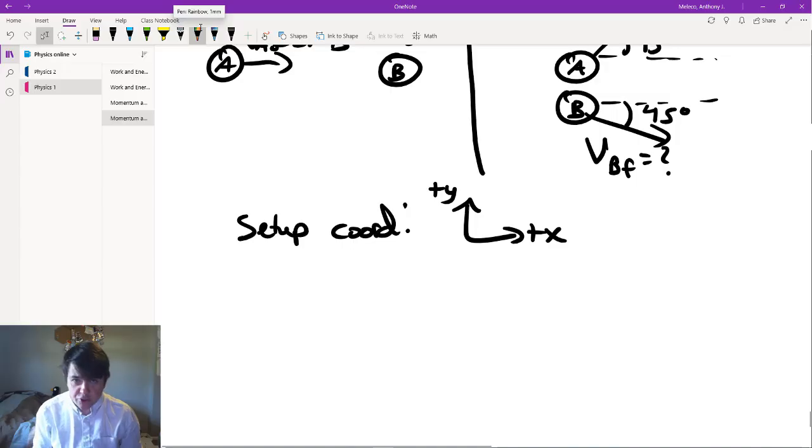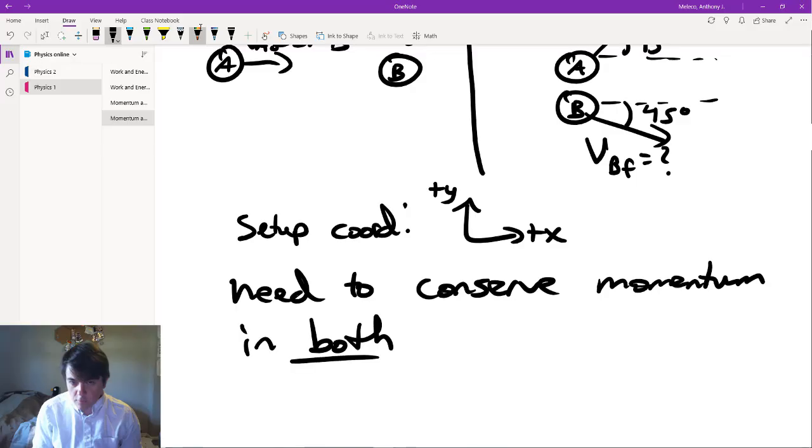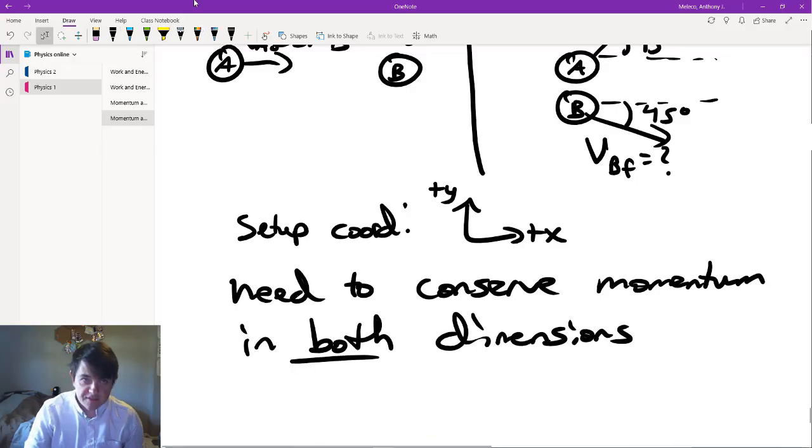So for 2 dimensions, we need to conserve momentum in both dimensions, okay, that we've established.